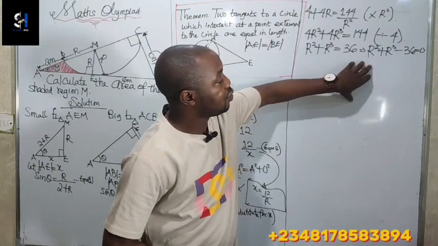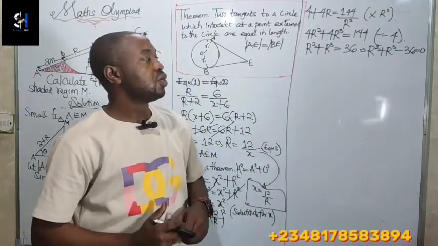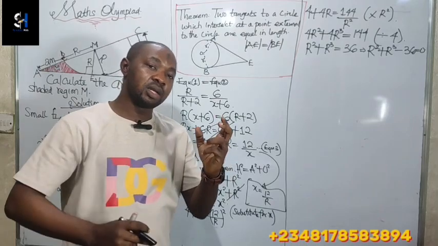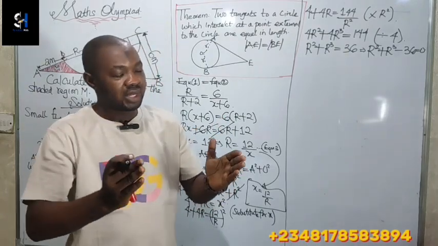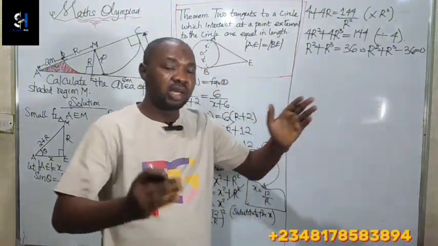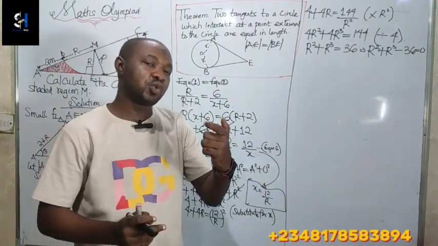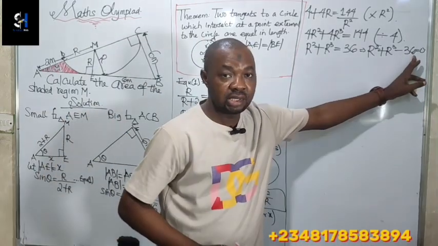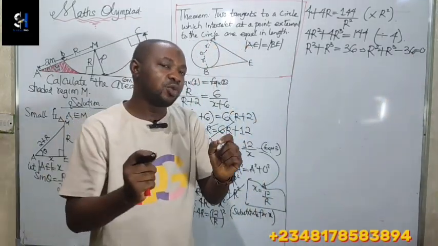To get the value for r in this case, we have to think of a cube number and a square number which, when added together, will give us 36. I repeat again, a cube number and a square number that when added together will give 36.